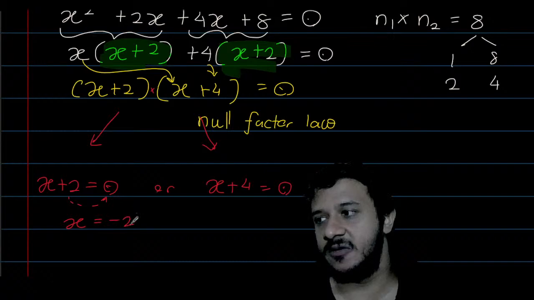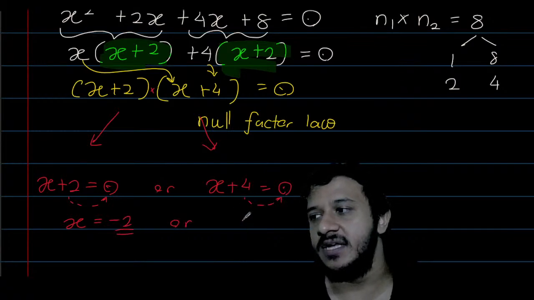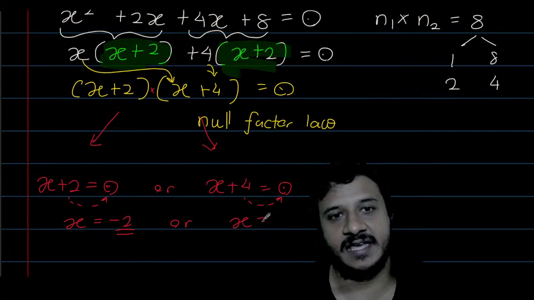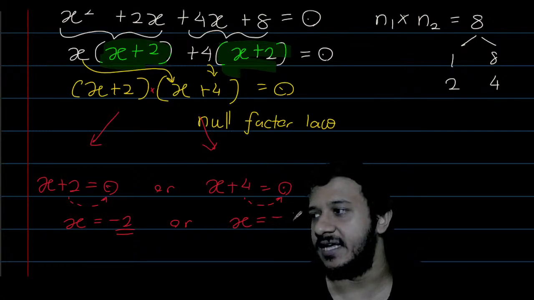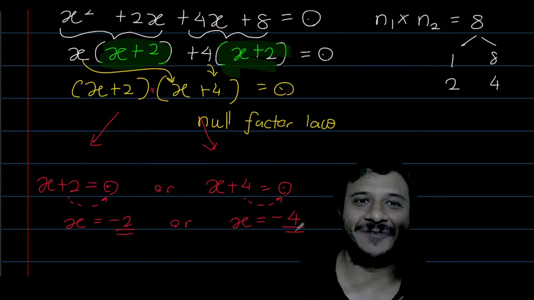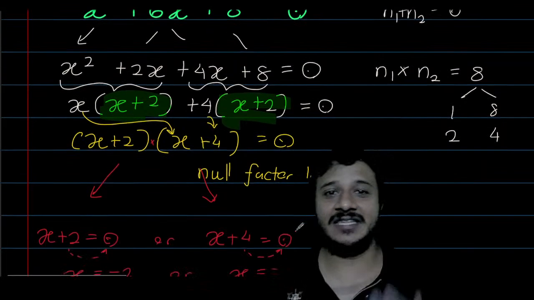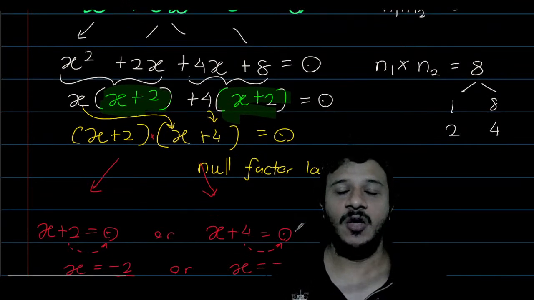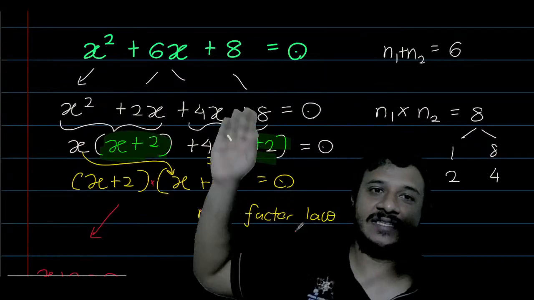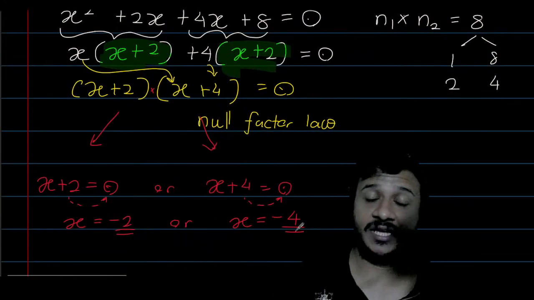We will get x equals negative 2, or this plus 4 goes to the other side as minus 4, and that will give us x equals negative 4. But this is not the completing the square method, right? This is trinomial factorization. Let's check using the completing the square method whether we can obtain the same answer, which is negative 2 and negative 4.